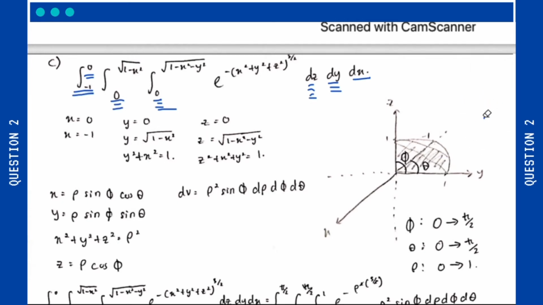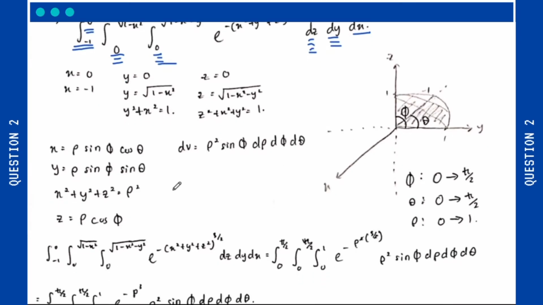This one is on the z axis, where phi is from 0 to pi. And we know that x is equal to rho sin phi cos theta, and dV is rho squared sin phi d rho d phi d theta. x squared plus y squared plus z squared is equal to rho squared, and z is equal to rho cos phi.